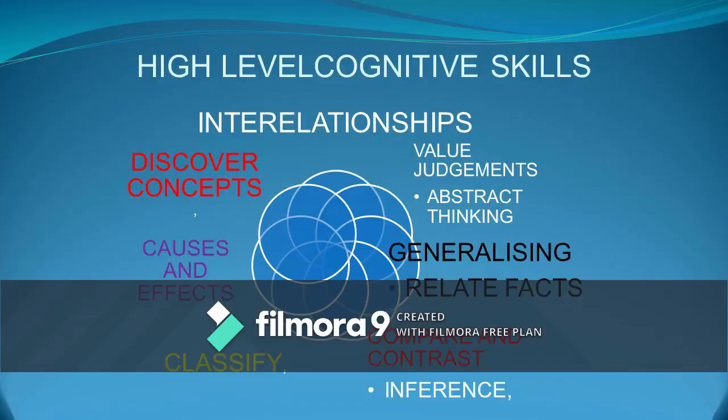Relate facts. 7. Make generalizations. 8. Abstract thinking. 9. Make value judgments. This is by no means a complete list of higher order skills, but it's just a list of some of the skills that one would categorize as higher order thinking skills.